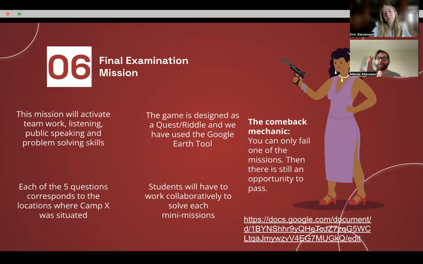We're trying to keep it in the zone of proximal development, so they're not getting too frustrated and just giving up on trying to win this game. So essentially, students will pass or fail. If they pass this examination, then they will be presented with an opportunity to become the spies and work in Europe.